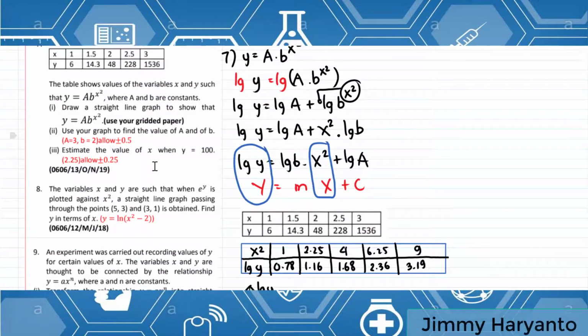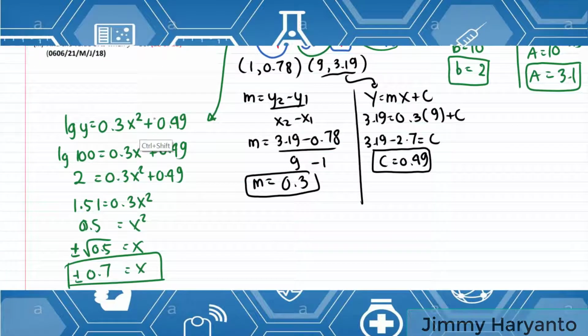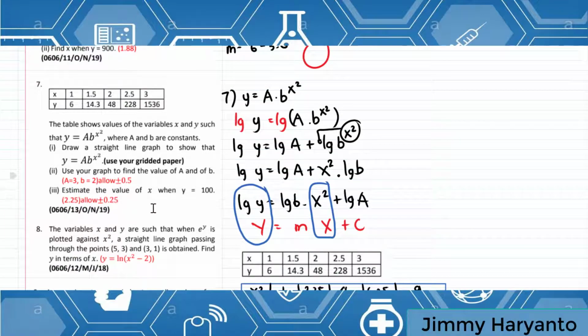Is it correct? Oh no, it's not correct. So let's check it again. Oh, this one is wrong, guys. It's not 0.5. It is 5. Yeah, it is 5. Square root of 5 is 2.23. Let's check it out. 2.23.